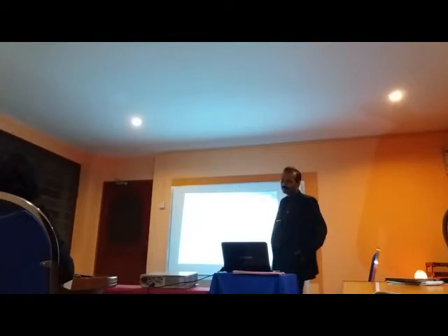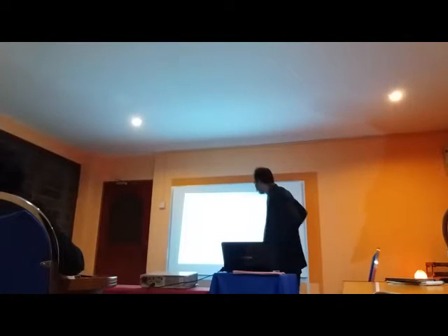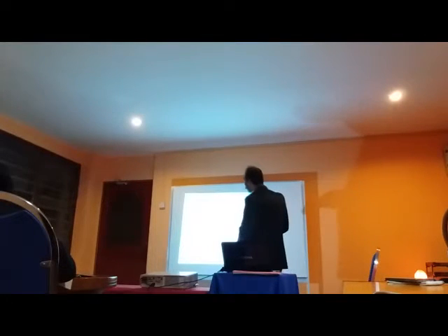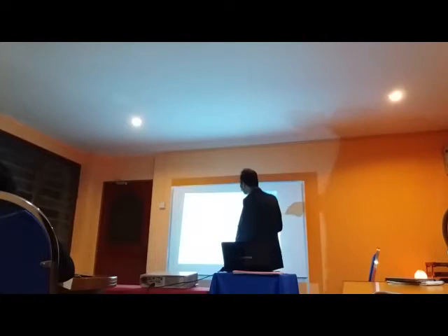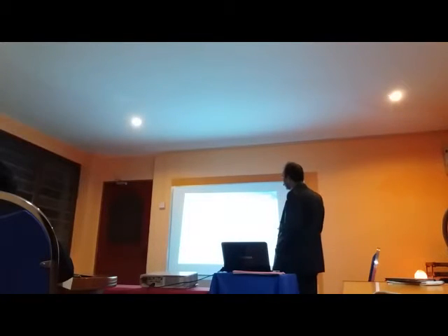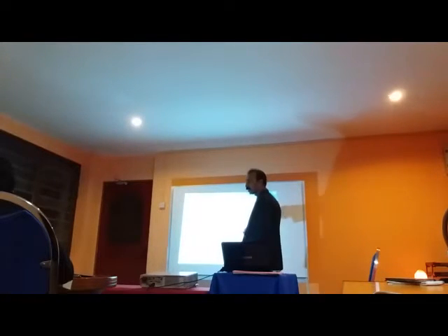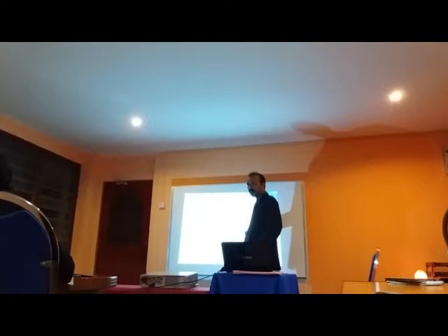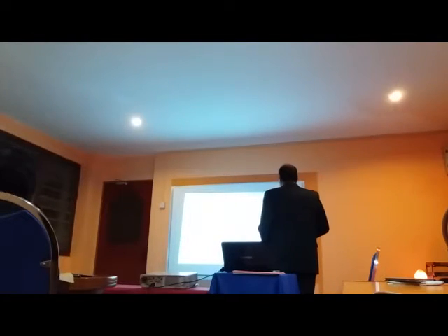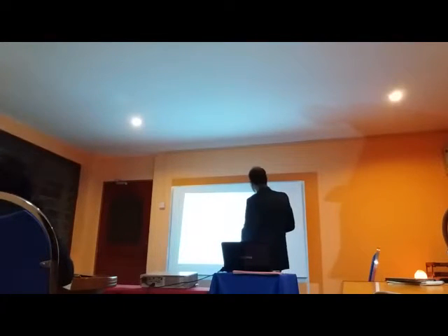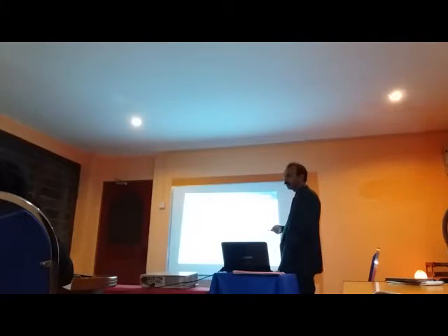Next is the conventional current divider rule. Earlier we focused on voltage, now we are focusing on current. We are going to calculate the current across R1 and also the current across R2. The current across R1 will be R2 divided by R1 plus R2 times the total current.